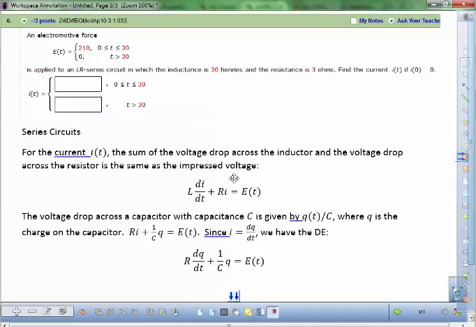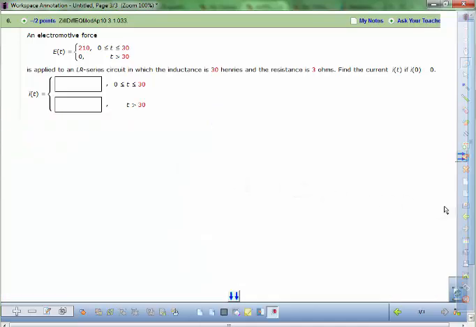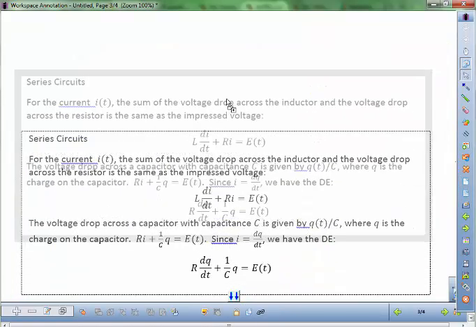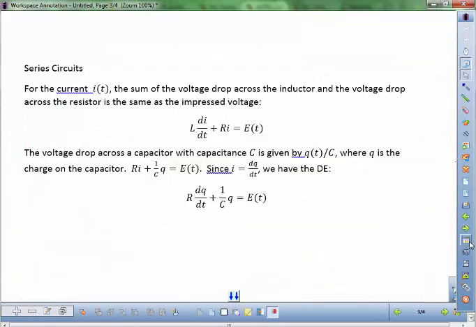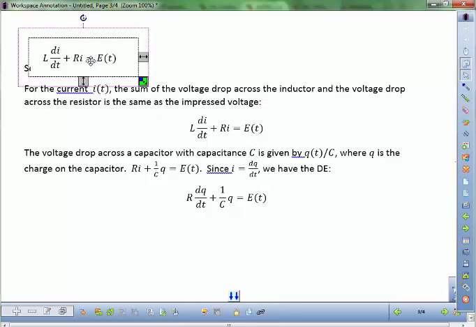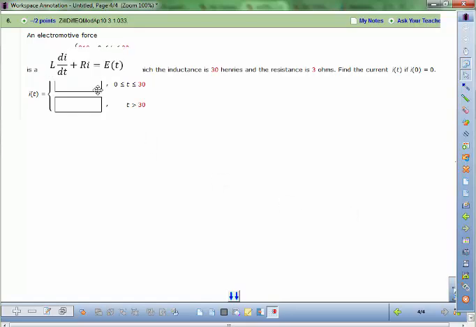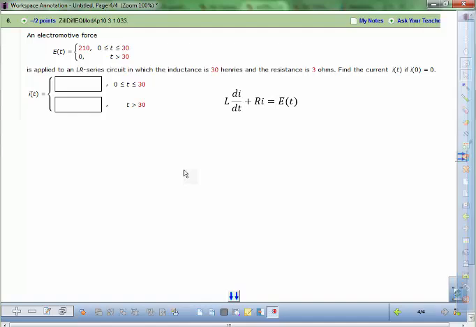Yeah? Have you guys taken circuits? One person? You guys eventually have to take circuits? Yeah. All right, so here's your differential equation that we're dealing with.